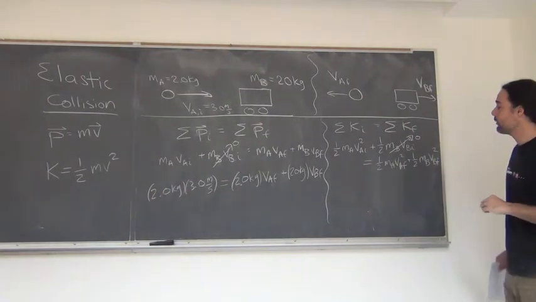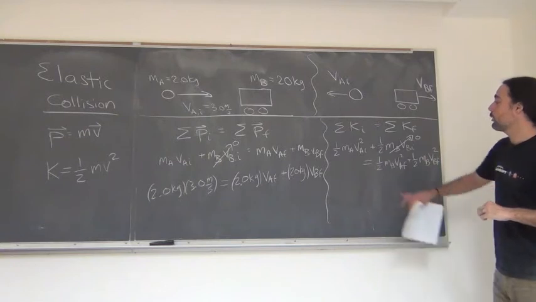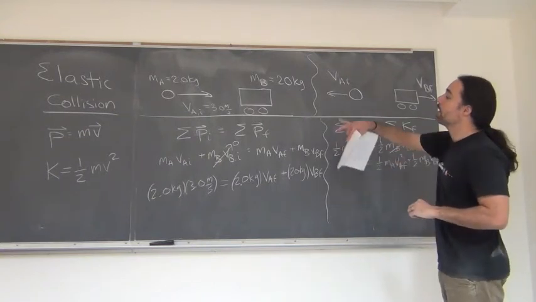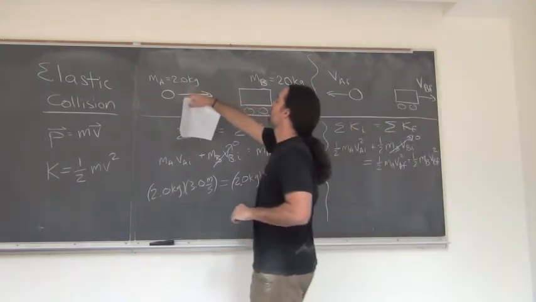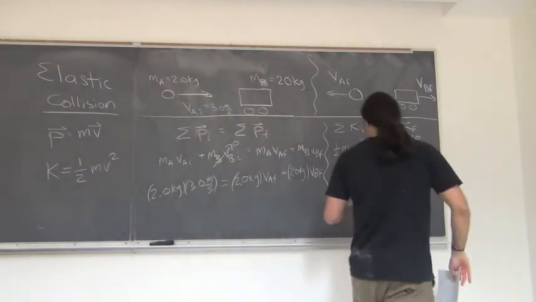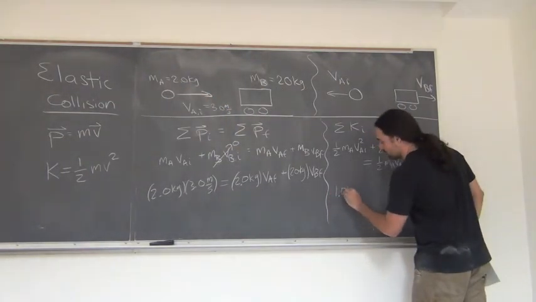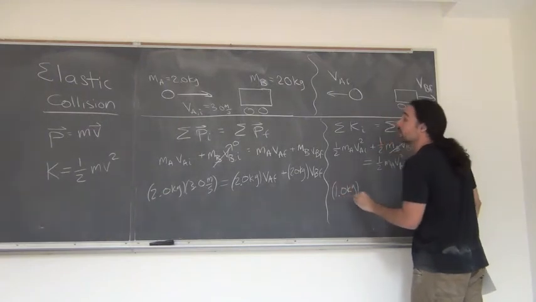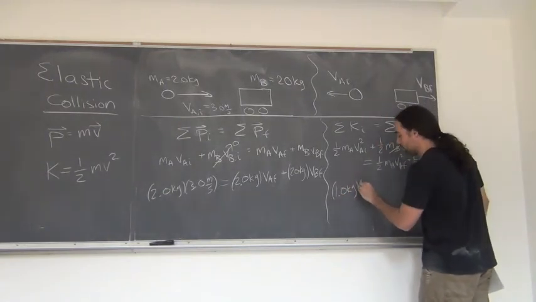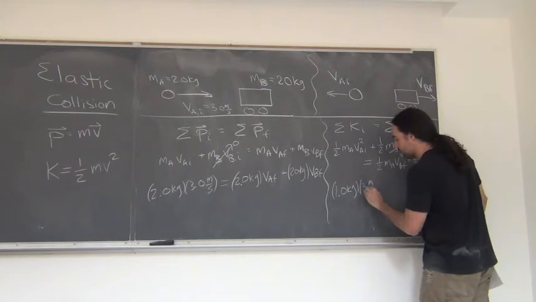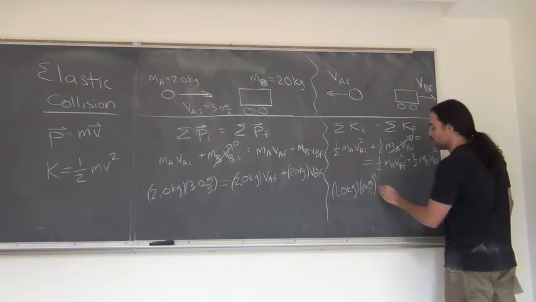I can do the same thing with the kinetic energy. That's going to be 1/2 the mass of A, which is 2 kilograms, times the initial velocity squared, so 3 meters per second, whole thing squared.